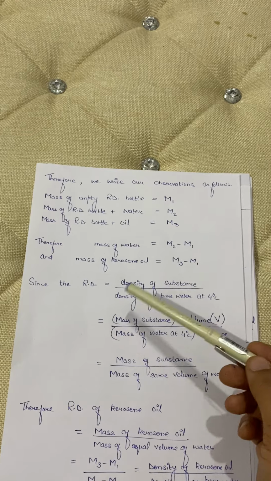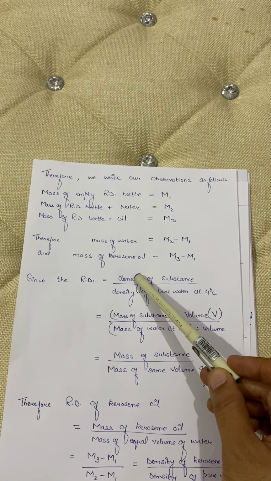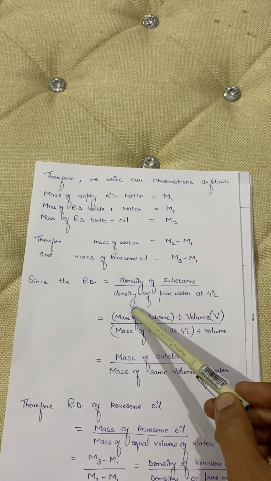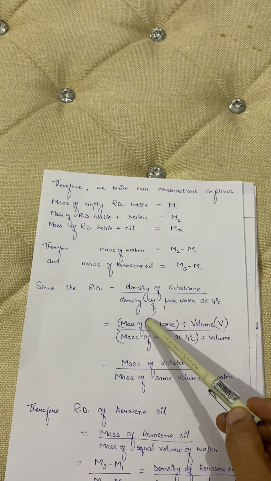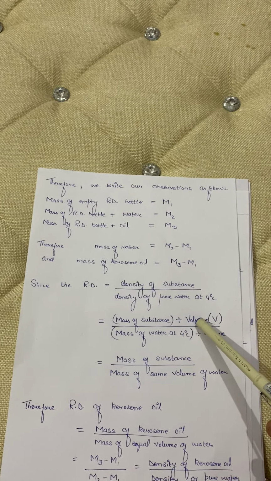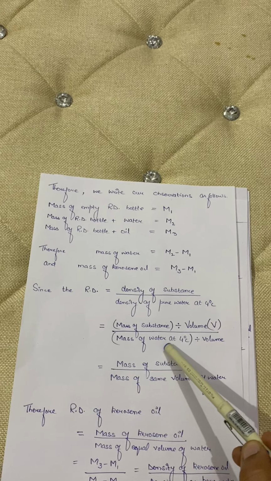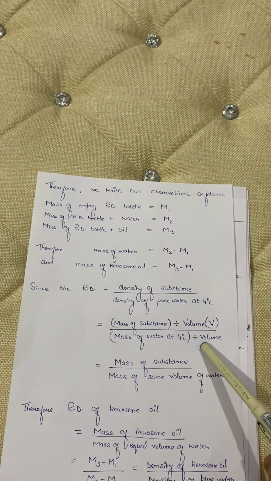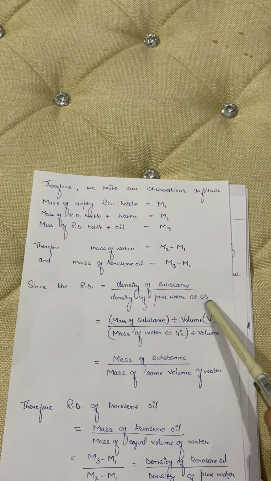Just try to recollect what we discussed in the previous lecture. Density itself is a ratio of mass upon volume. So the density of a substance will be mass of substance divided by volume. Again, the density of pure water will be mass of water divided by volume. But why are we keeping this volume constant? Very simple.